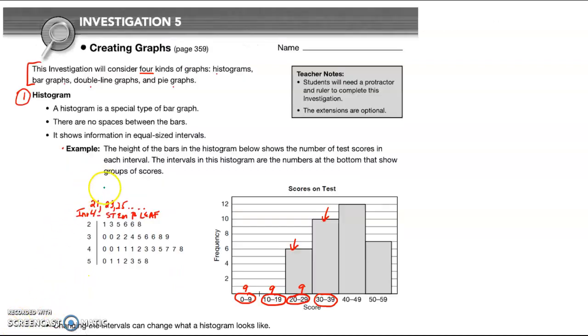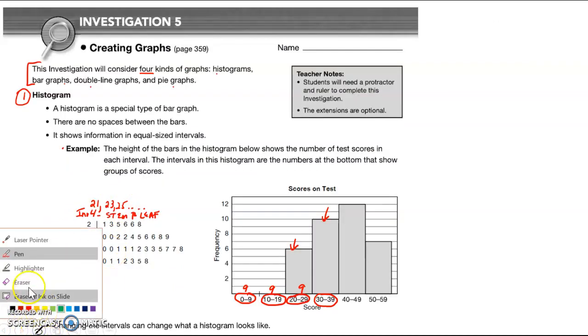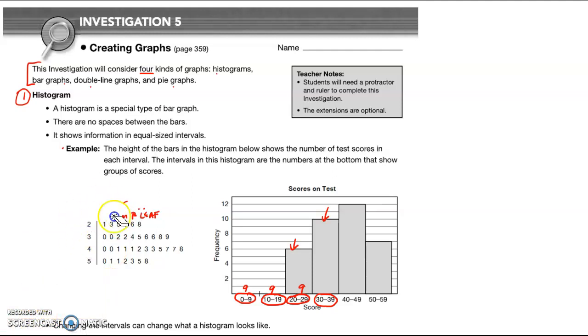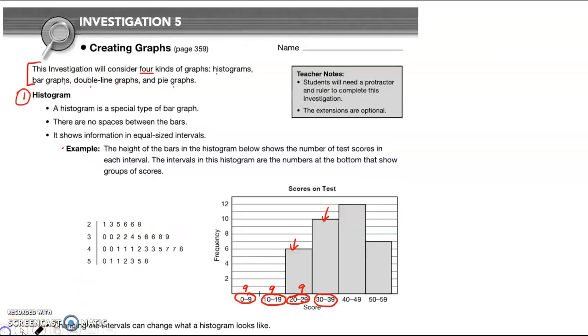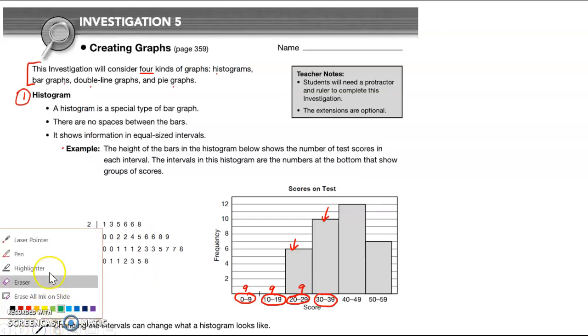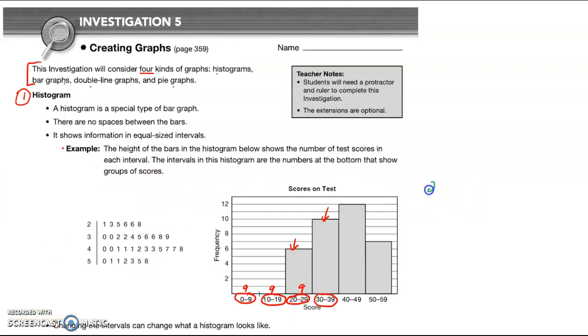They've already done 21 to 28, so they've done all of these.